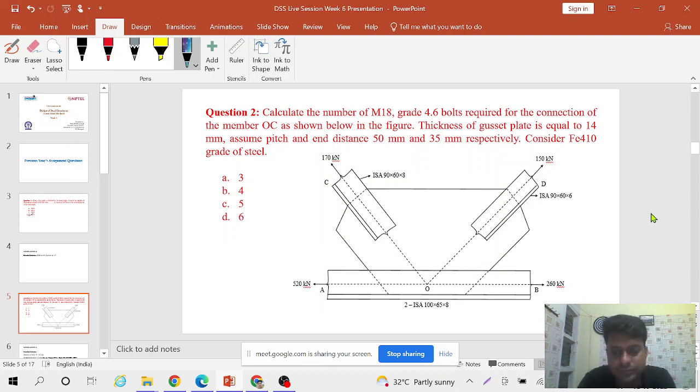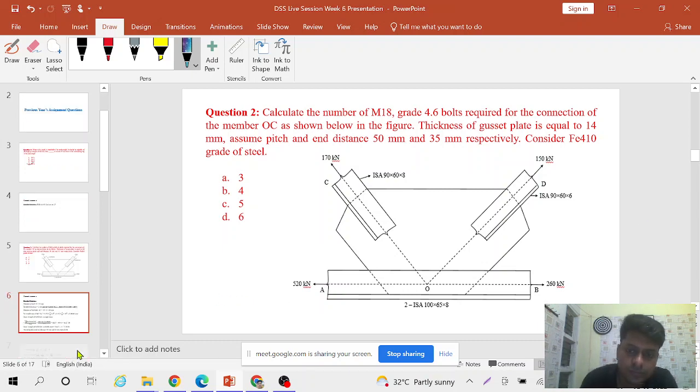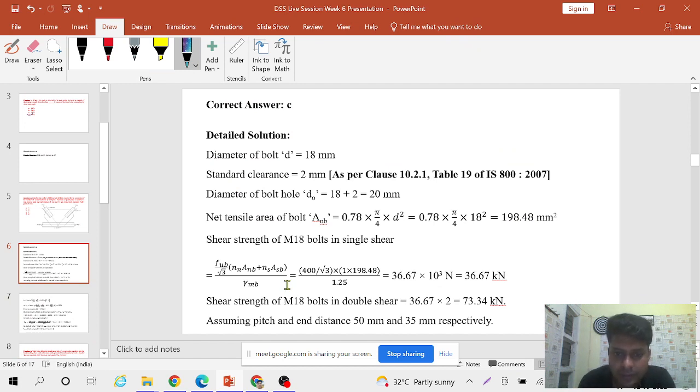Sir, the design shear capacity is 45.83. Please see, this solution has not been divided by 1.25. Okay. Please divide it and check whether 36.67 is coming or not.